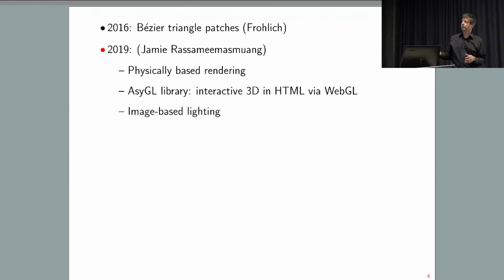I was just using the simplest model. He uses a PBR-based approach, a more physics-based approach, and also image-based lighting. I'll show you an example of that. He also helped me develop this WebGL output format using a JavaScript library that we wrote together.